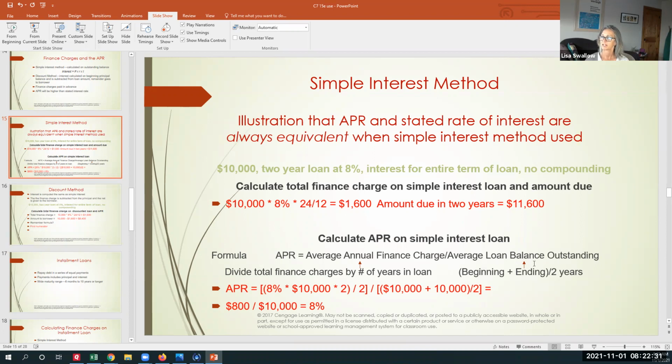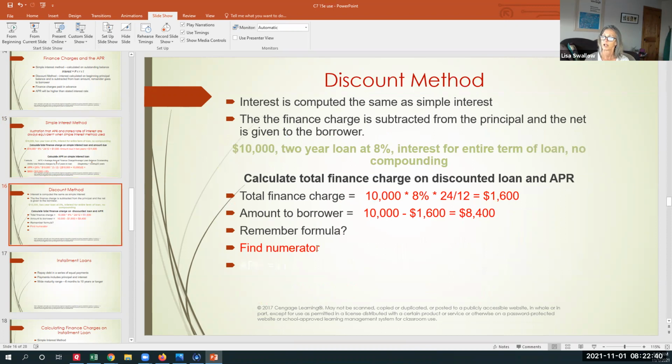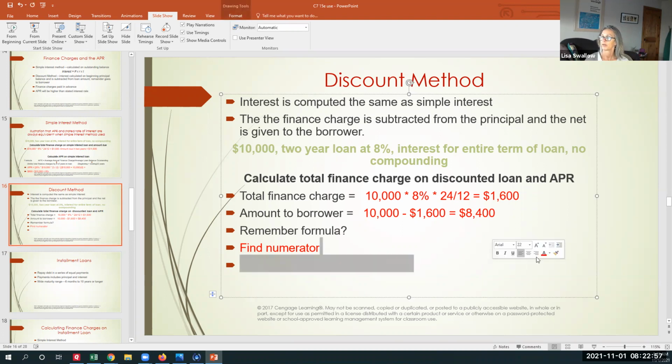So beginning balance plus ending balance divided by 2. That's how you get an average, right? You take 2 points in time and then divide by 2. So write your formula out, turn off the tape, and then solve for APR. And we know that in the discount method, it's not going to be equal to the stated rate. So turn it off, find the APR, and we'll meet back here.